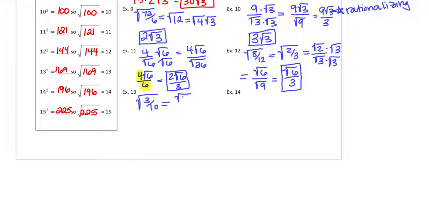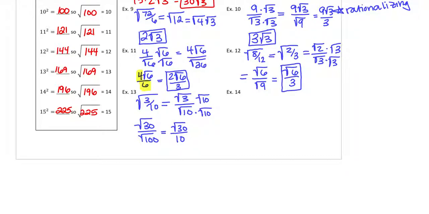So square root of 3 on top, square root of 10 on the bottom. Okay. Rationalize by multiplying top and bottom by radical 10. Square root of 3 times square root of 10 is square root of 30. Square root of 10 times square root of 10 is the square root of 100, because 10 times 10 is 100. The square root of 100 is 10, and then it's the square root of 30.